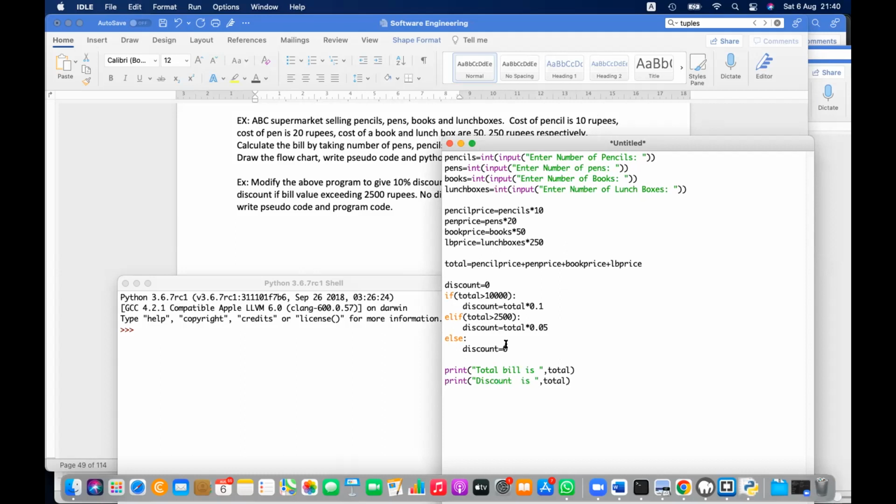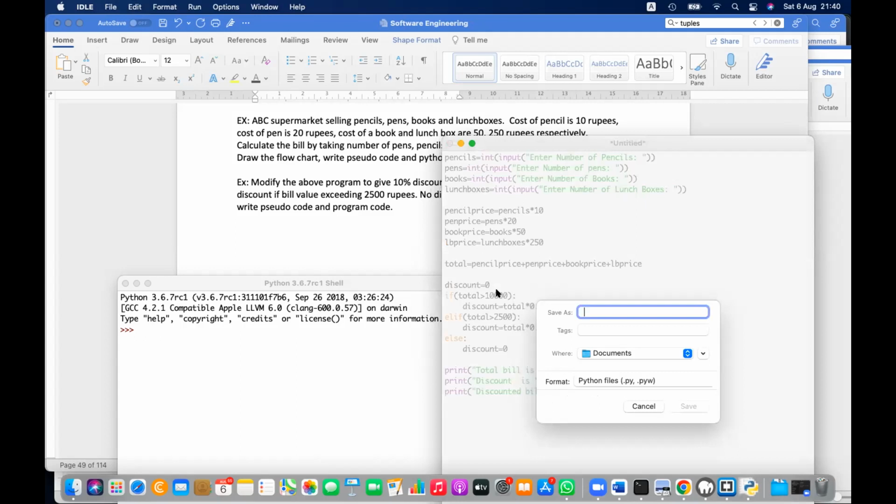Discount is the discount that you have calculated, and then the discounted bill is the total minus the discount. That is your discounted bill. This is the program that I expect you to create.